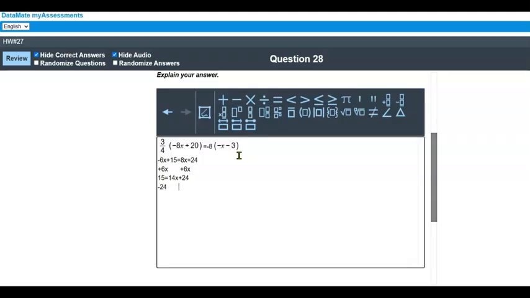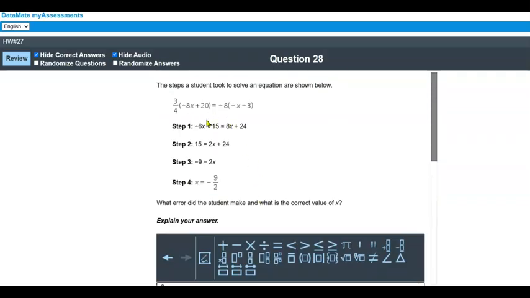Again I can type it out, or I can just write the answer, which is that 15 minus 24 is going to be 9 equals 14x. Then I'm going to divide both sides by 9, leaving me with the fraction 9 divided by 14 is equal to x.